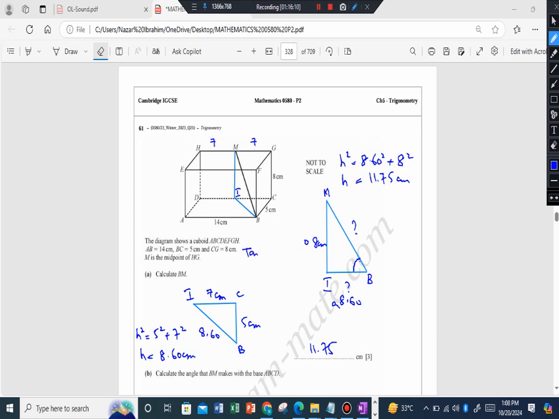So tangent B is equal to opposite upon adjacent. Using the tangent inverse of 8 upon 8.60, we get 42.92, which we can approximate as 43. So the angle which the line BM is making with the base ABCD is 43 degrees.